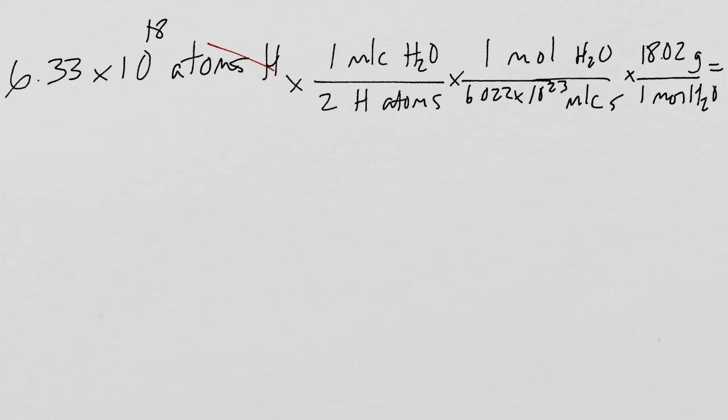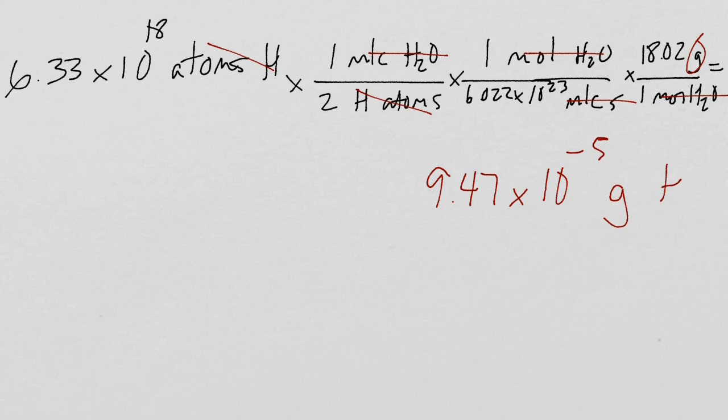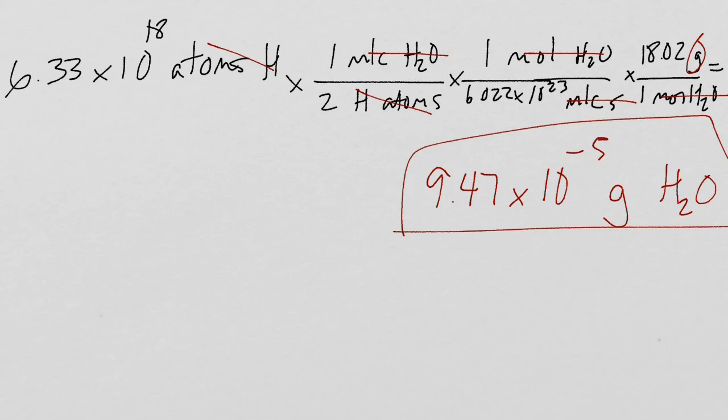Atoms of H, molecules of water, moles of water, and we'd be left in grams. 9.47 times 10 to the minus 5 grams of hydrogen. Oh, sorry, grams of water. That's how many grams of water would contain that many hydrogen atoms.